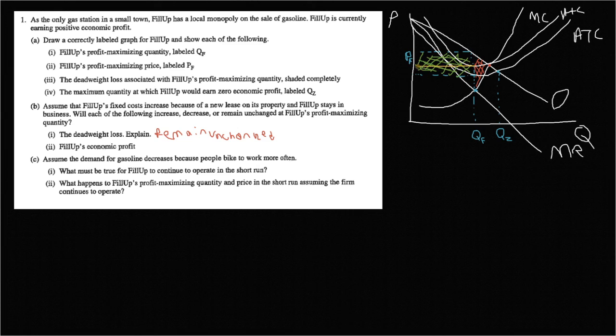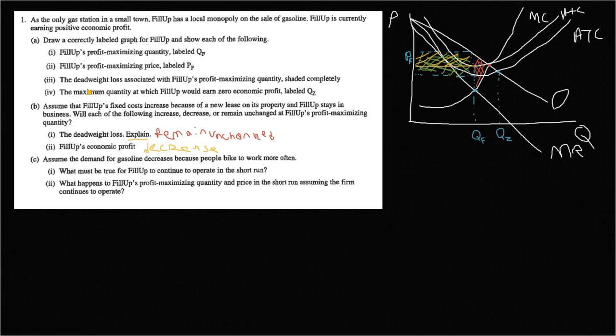This looks like a mess, and this is why you don't have to draw this on the AP exam. But the profit would be less. And it doesn't say explain, so you could just say decrease. But I explained it so you guys could get that point too.